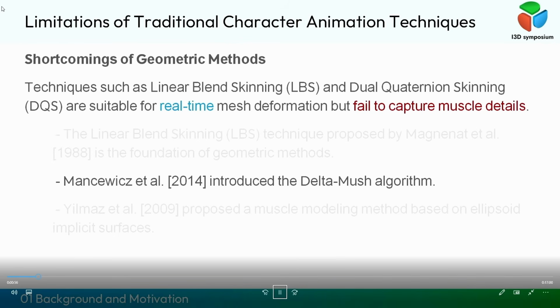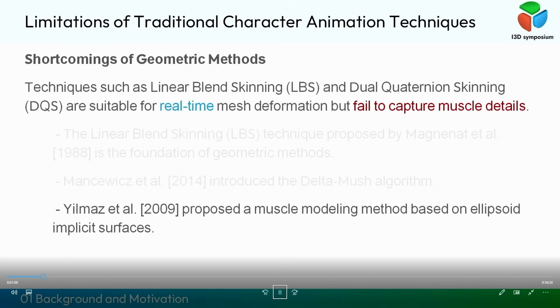The delta mush algorithm, Mancewicz et al. 2014, which improves joint deformation using Laplacian smoothing, still cannot capture dynamic muscle changes.